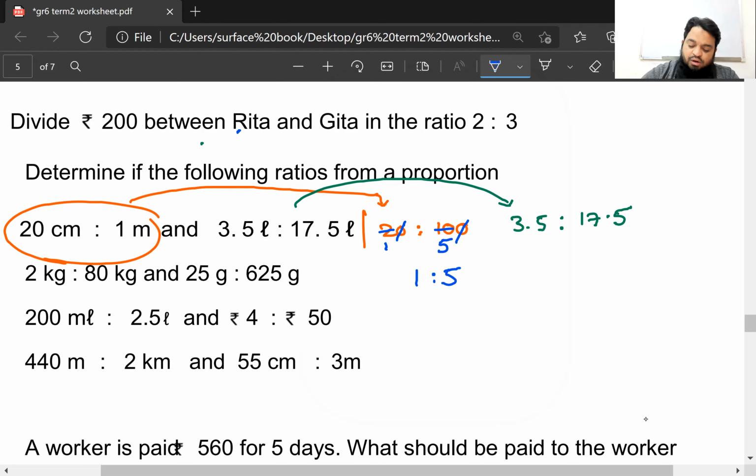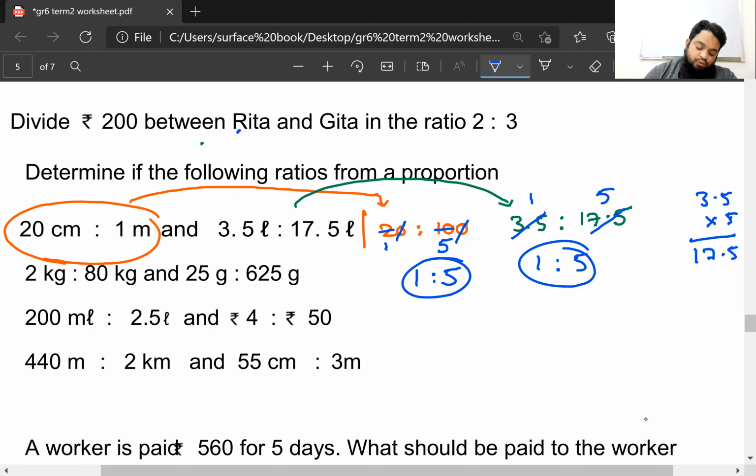And let us find out whether 3.5 is 5 times. 5 fives are 25 and 3 fives are 15 plus 2 is 17, so it is 17.5. So 3.5 is 1 time and this is 5 times. So this is 1 is to 5. Since both ratios are equal, these are in proportion.